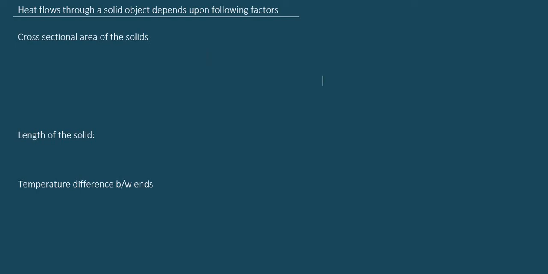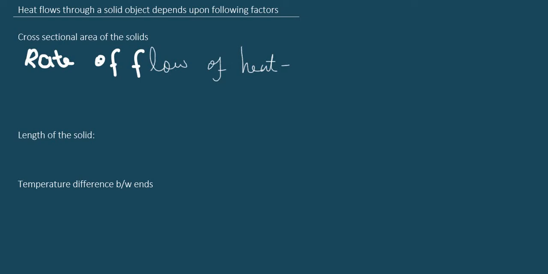So the rate of flow of heat, denoted by Q over t, is directly proportional to the area. We say this is equation number 1.